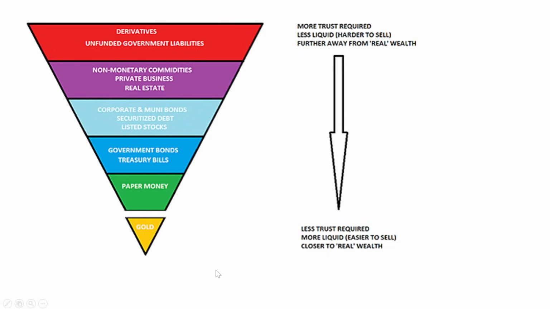So one portion of my portfolio, which is a large portion of my portfolio, is physical metals. The reason it is physical metals, with this Exter's pyramid, is because I want to get a good chunk of my wealth closer to real wealth, closer to stability of a portfolio.